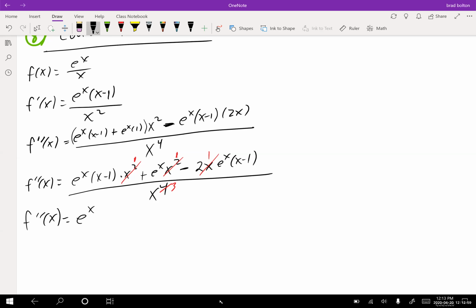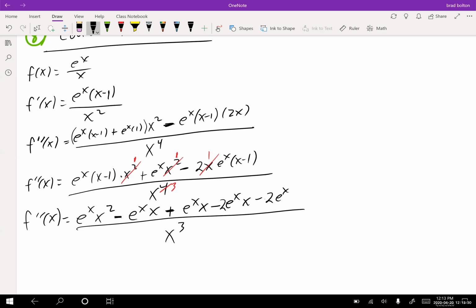This will be e to the x times x squared minus e to the x times x, plus e to the x, minus e to the x, minus 2 e to the x. Okay, all over x cubed.